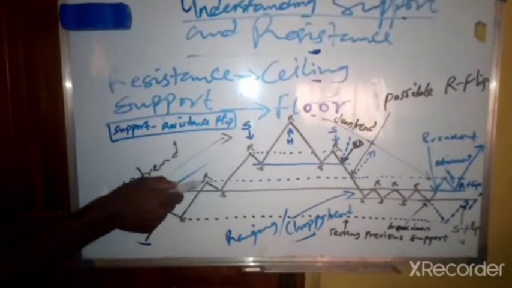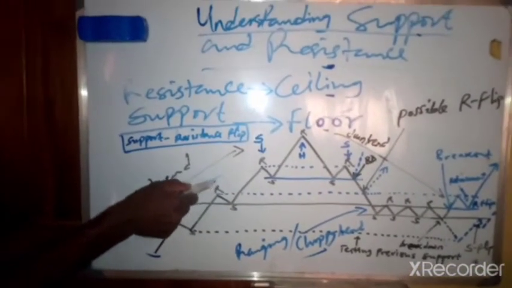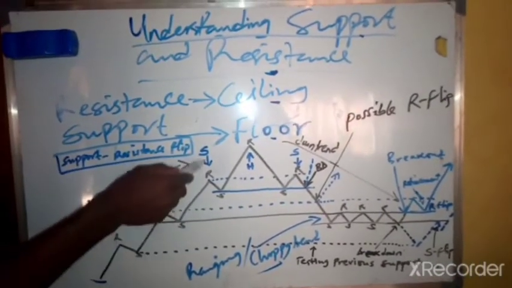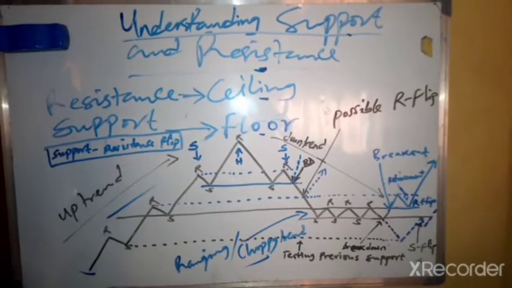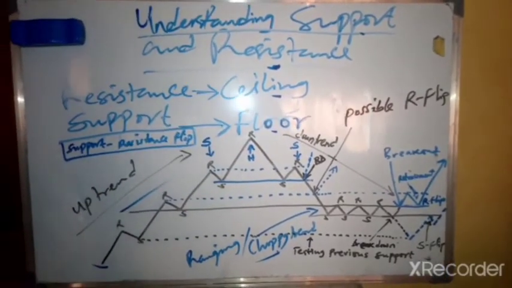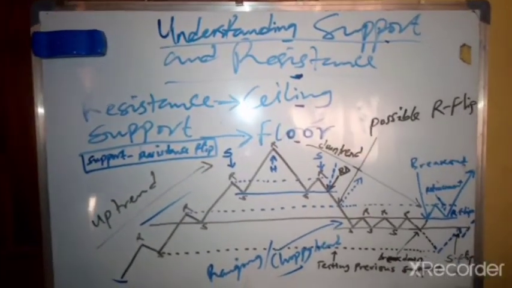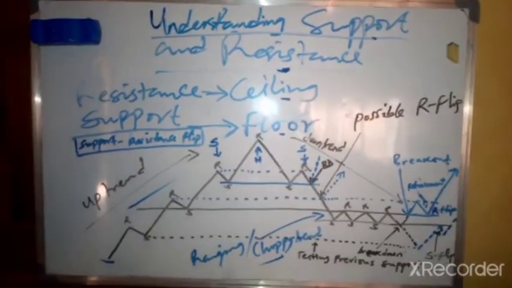An impulsive move will form another higher high, which will form another resistance. A retracement will form a support. So as you can see, our price is going in an uptrend direction, and it got to this point. Then we saw a fall. Do you understand? We saw a fall.